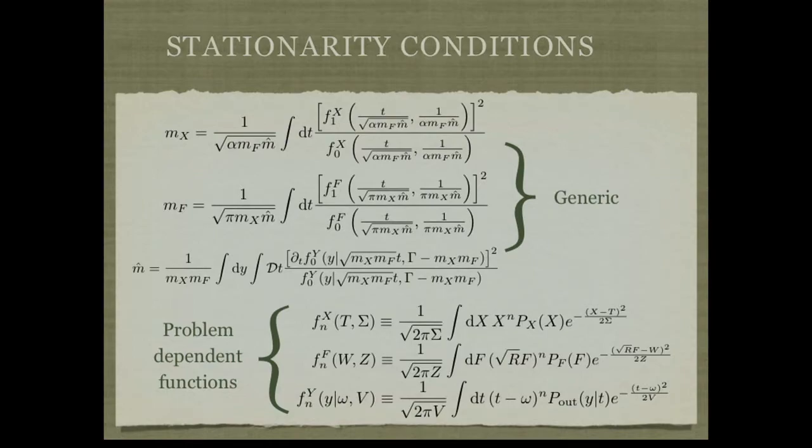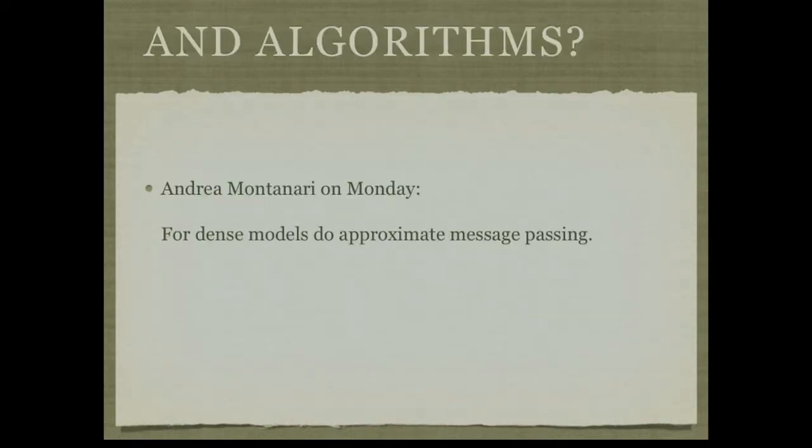All you need are these integrals of Gaussians times your priors times the function that determines the channel output. So in the end, it's quite an elegant set of equations that solves all these problems at once. For all priors, for all outputs, we can tell what's happening in this problem. Okay, so that was the replica solution.